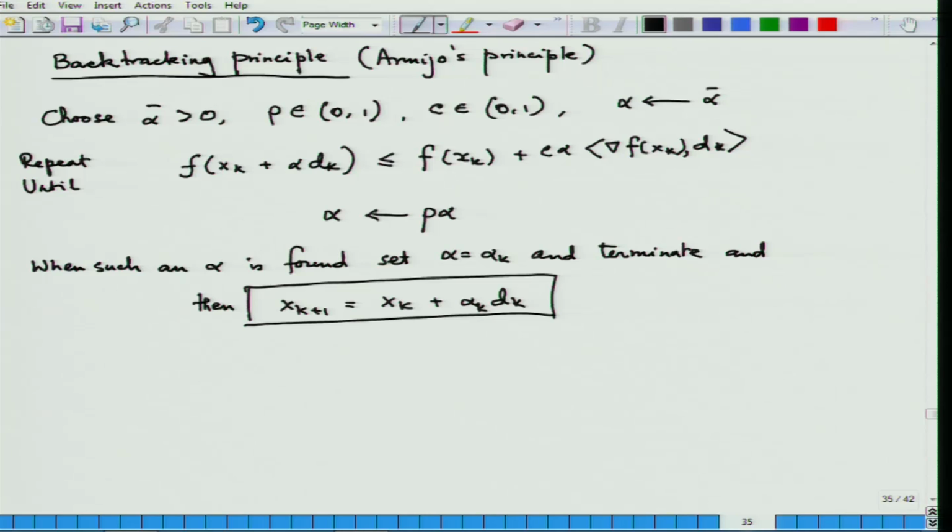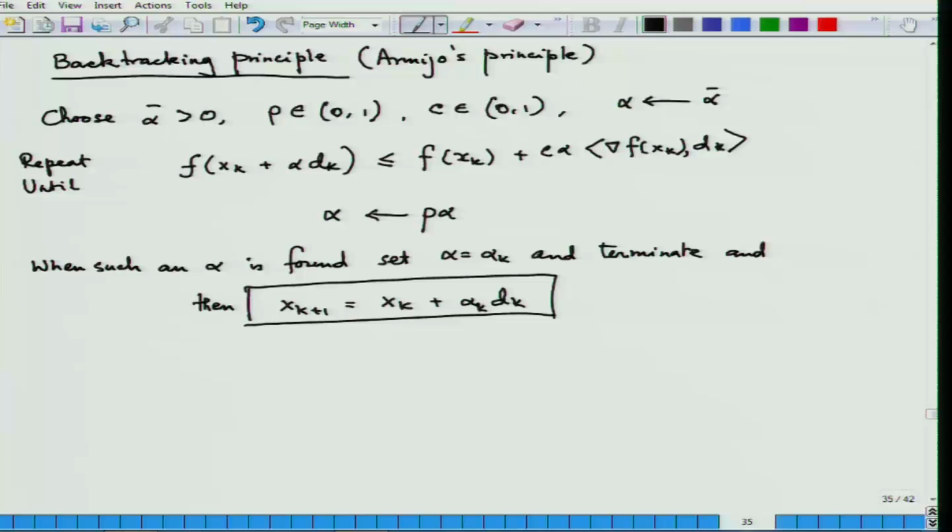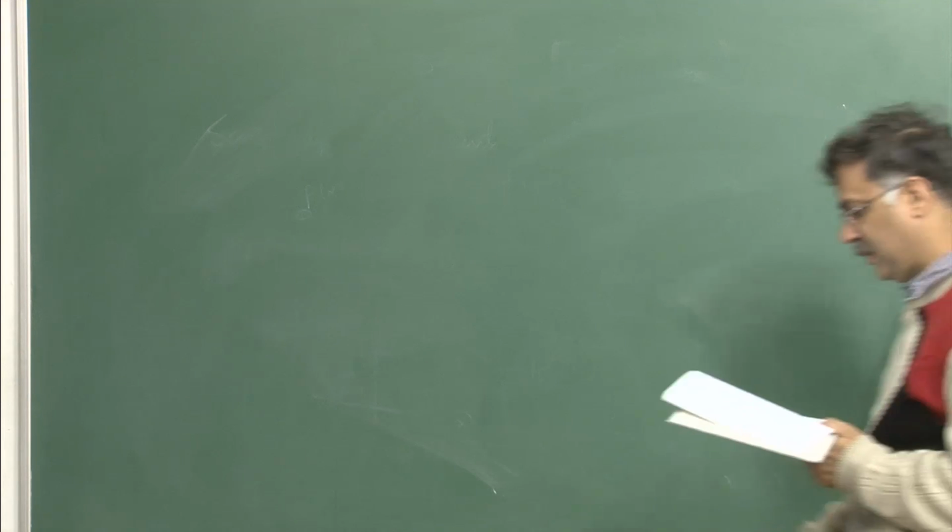Now, let me give you one or two examples. Let me take an example from the exercise of Nocedal et al. So, let us try to summarize what we have learned in this section on descent directions and finding the step length, by which you control the movement from xk.